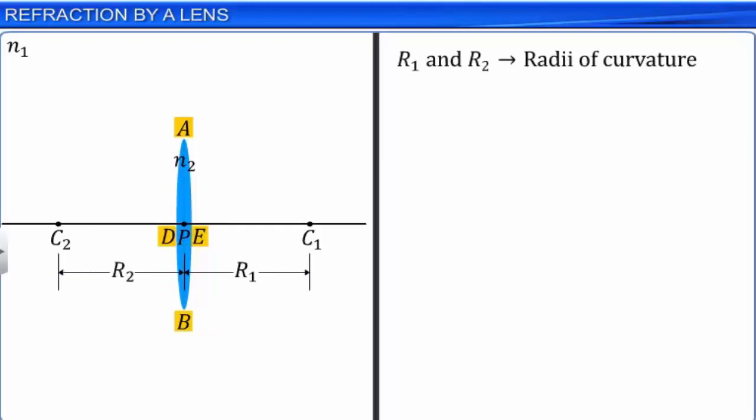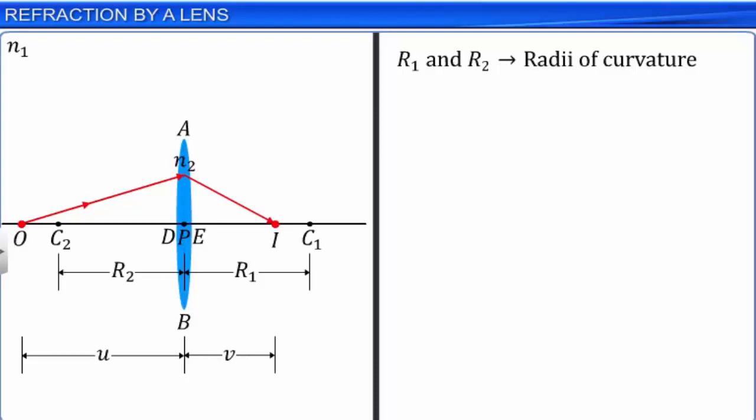The refraction of light through the lens can be split into two steps. In the first step, let us consider the refraction at the first spherical surface ADB. Because of this refraction, a real image of O would have formed in the second medium at I1.